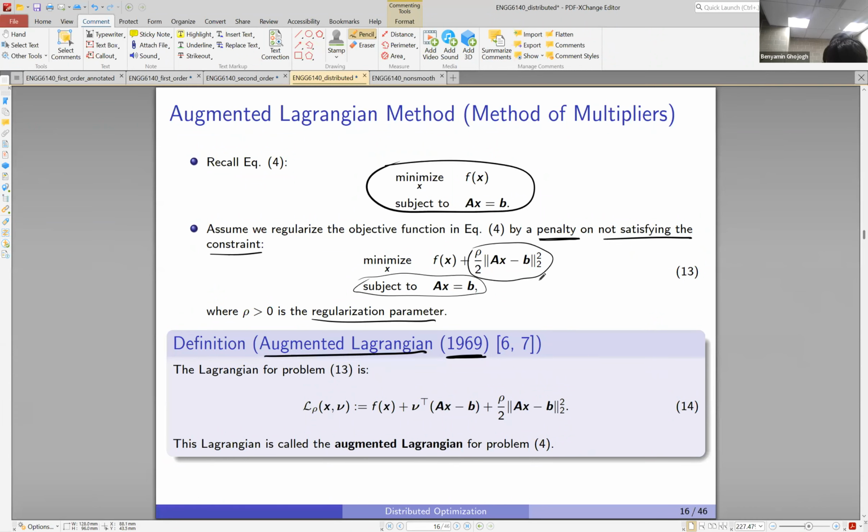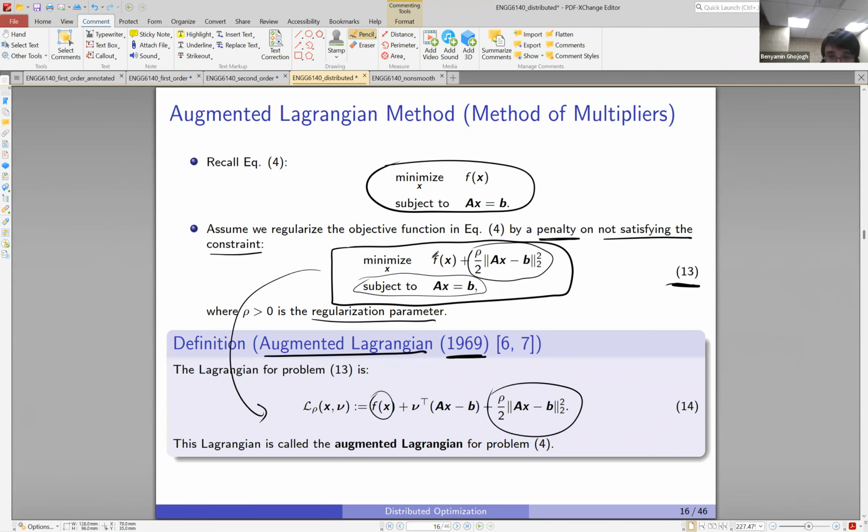If we form the Lagrangian of this problem 13, it is this, right? What is the Lagrangian of this? It is f of x plus this term plus this term, which is the objective function, and nu transpose (Ax minus b) is for the constraints, right? This is exactly the Lagrangian for this problem.